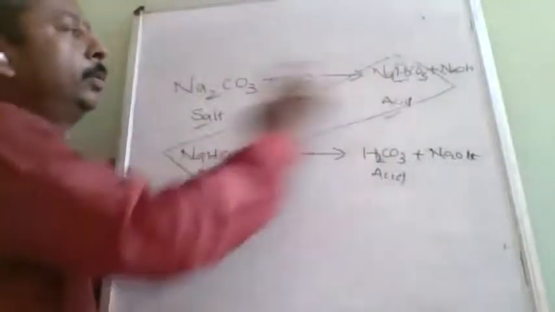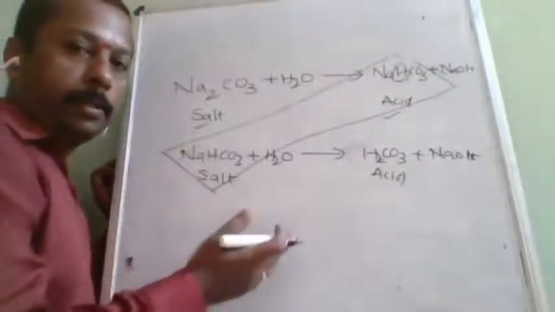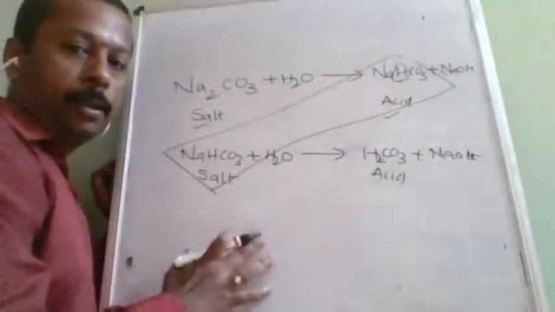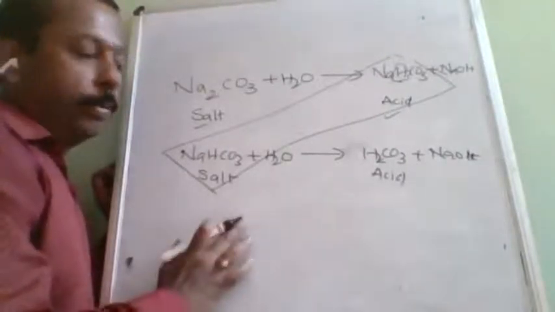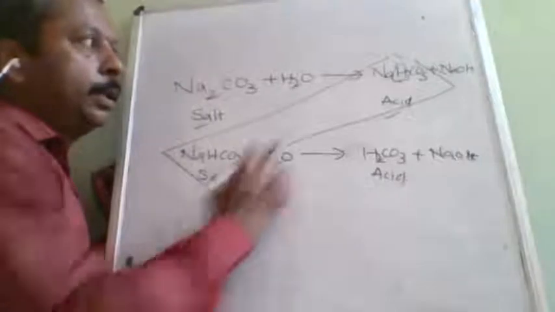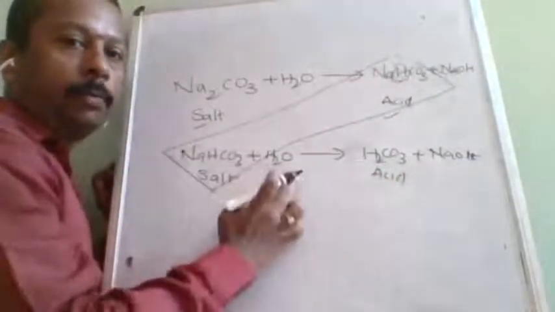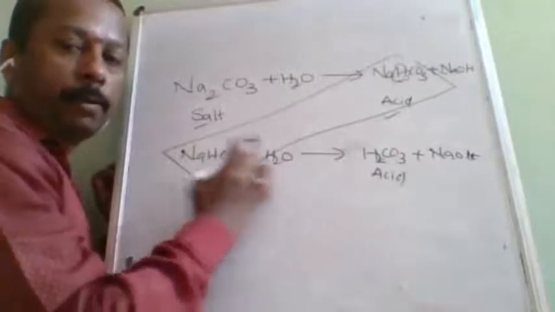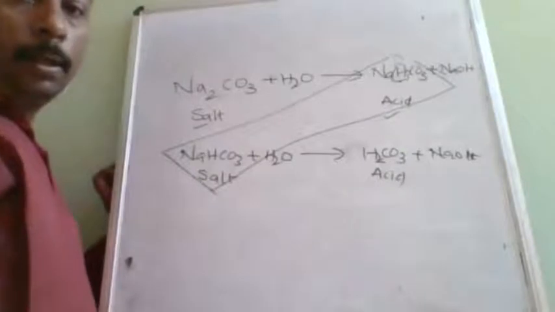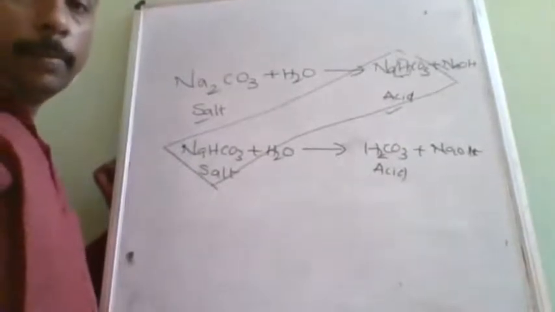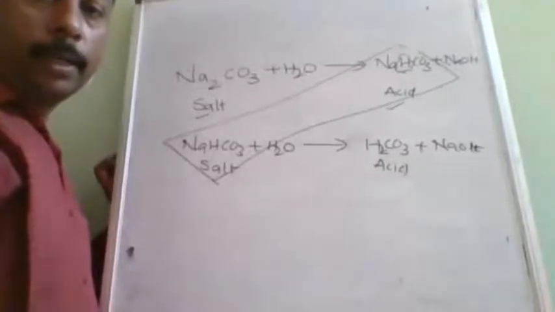The same NaHCO3 acts as an acid in this reaction and, in the very next step, its role changes because of the substances around it. Previously the surrounding substance was NaOH, now it is water. So when the surrounding substances change, it changes its nature. Understood? So this is the theory part. Let us see in the next numerical session. Bye.